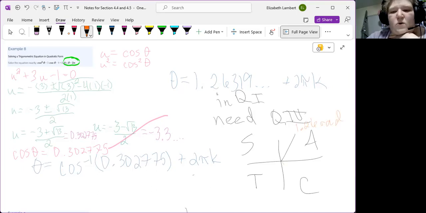I want the one in quadrant 4. That measure is 1.26. This measure is also 1.26, but it's negative, because I drew the angle the other way. But if I take this and add 2 pi to it, then I'll get the quadrant 4 angle.